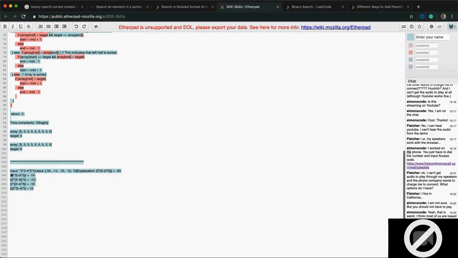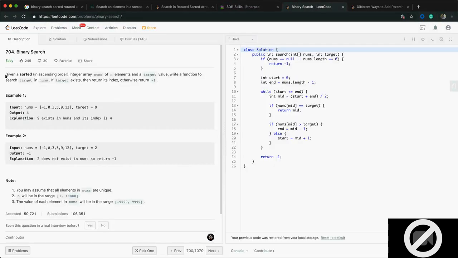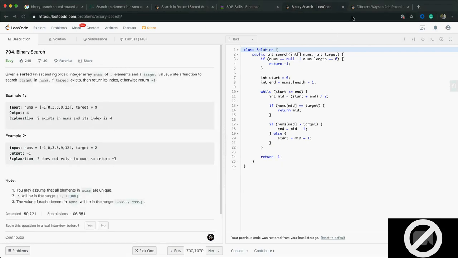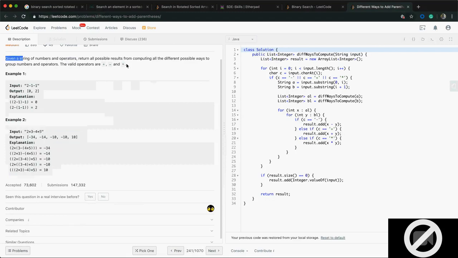So the question is, given a string with 3 operators, subtraction, addition and multiplication, just give me a second. Maybe I can copy the question too.